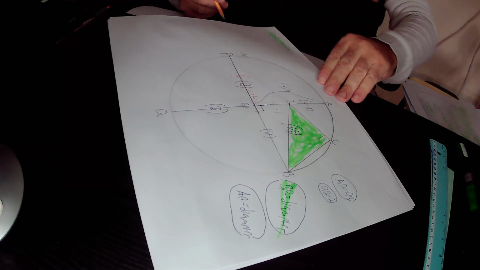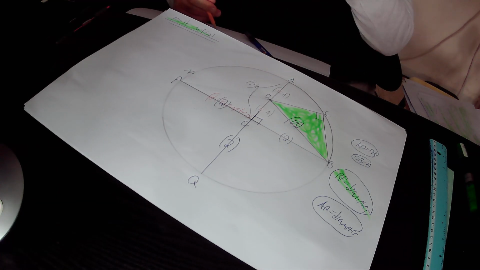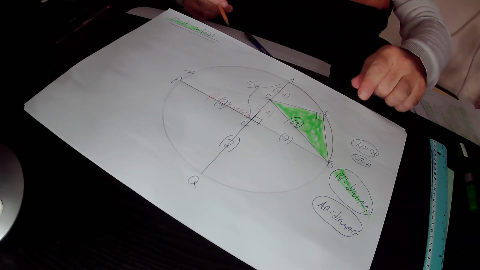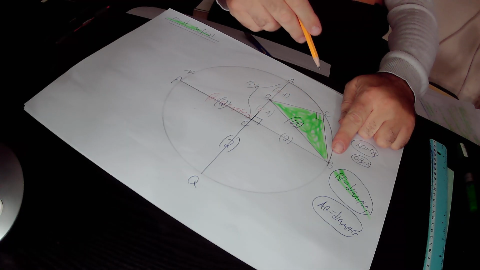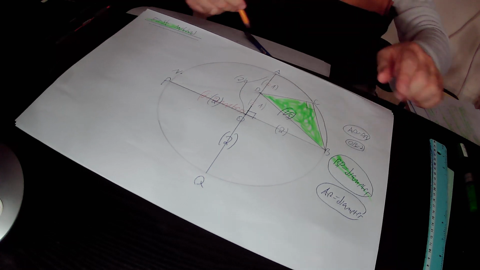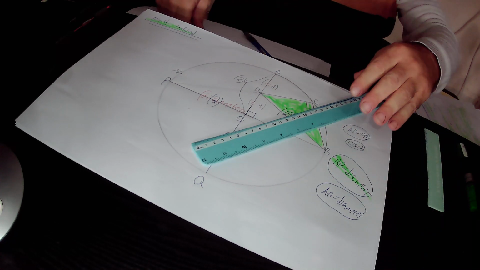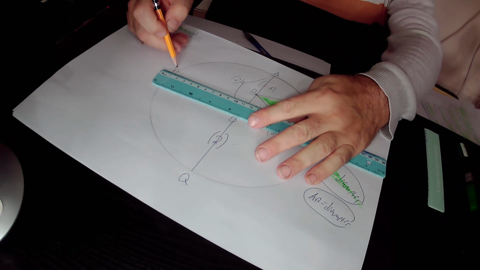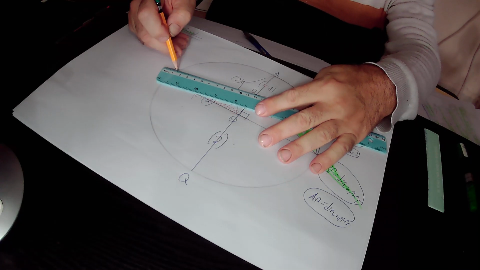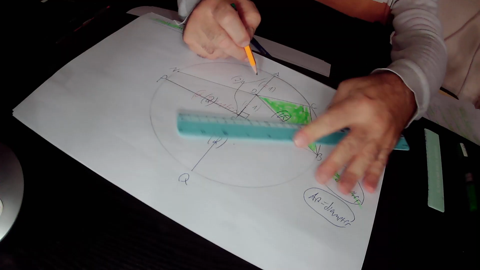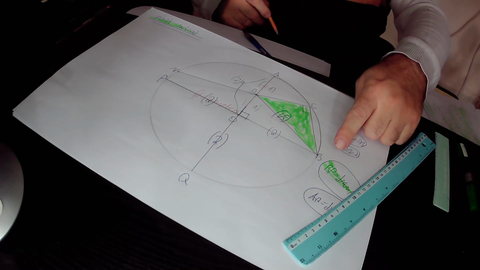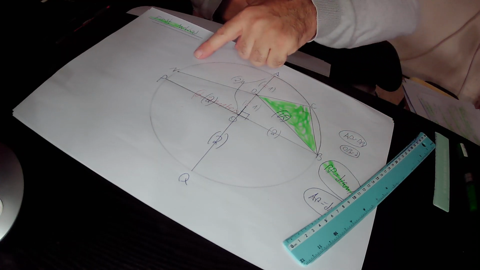So according to our assumption, we have here triangle ACN. Again, this is triangle BCN.